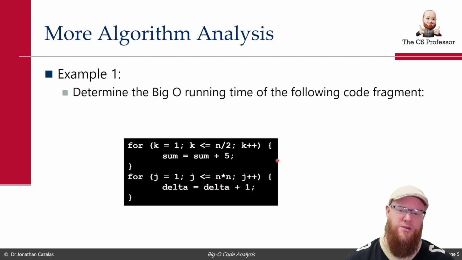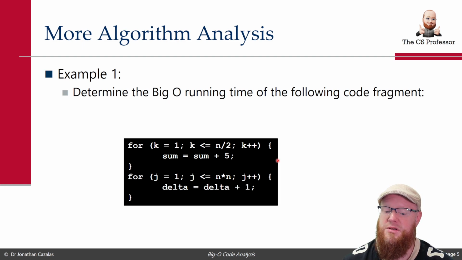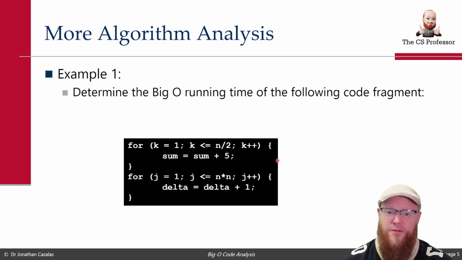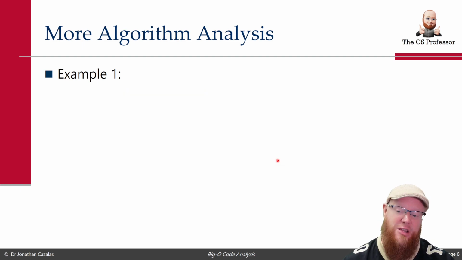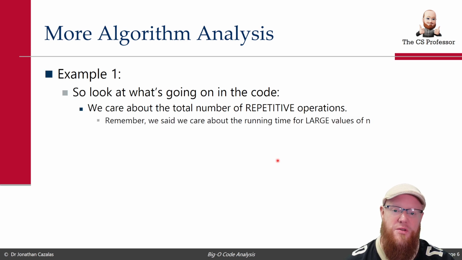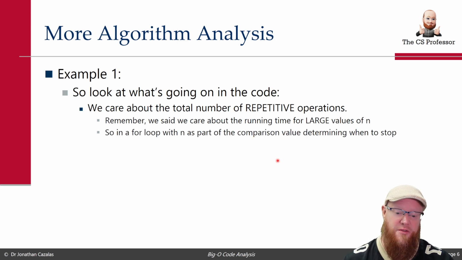Before I move on in the video, ask yourself: how many times does the first for loop run? How many times does the second for loop run? And what's actually happening inside each one? That's the repetitive number of operations, what's happening over and over in the loop for very large values of n.